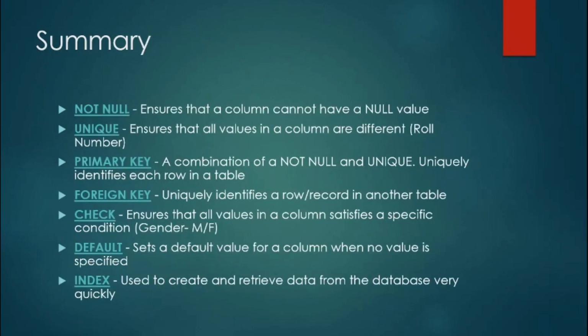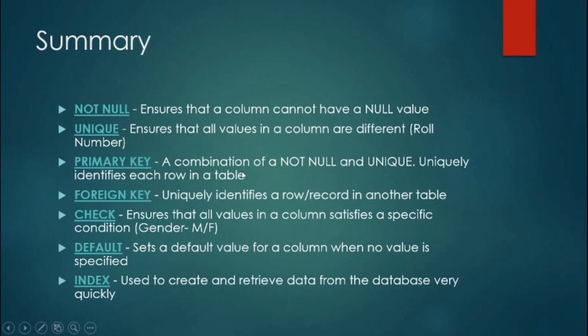Now here I'm summarizing whatever we learned today. I will repeat once again that in most interviews you will be asked only to name the constraint, but sometimes if they ask what this constraint stands for and why it is used, then you just have to remember that not null ensures that the column cannot have a null value, and unique ensures that all the values in the column are different.